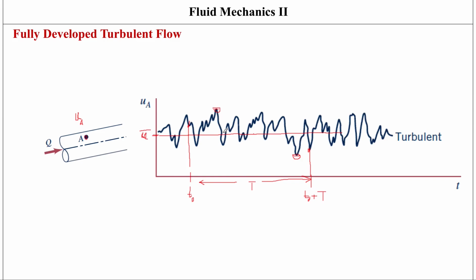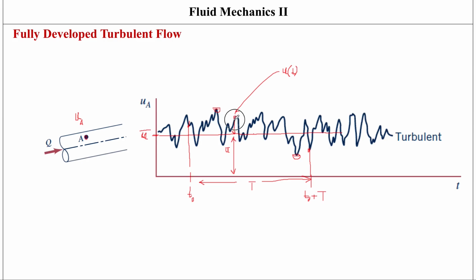So if I'm specifically looking at some point, and I call the velocity at this point u at some time t, then I could represent this velocity in terms of the average velocity plus the fluctuating part of the velocity.